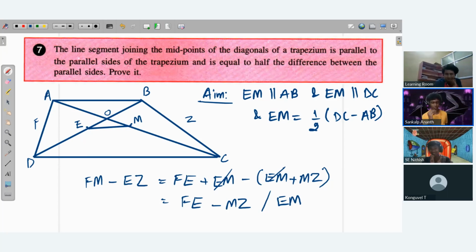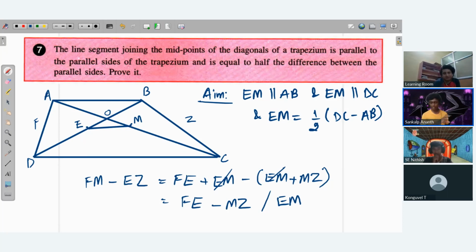Or we can do one more thing. We can find EZ and prove M is the midpoint of EZ, and then we'll get three segments: FE, EM, and MZ.